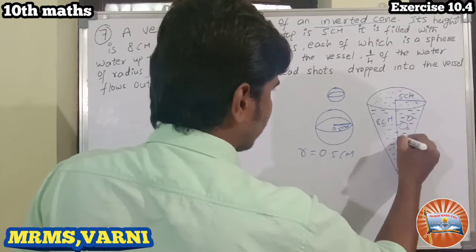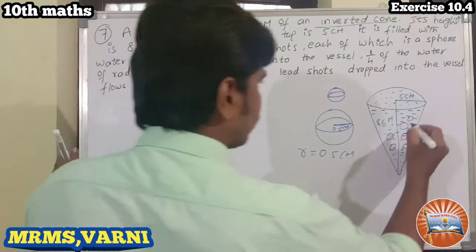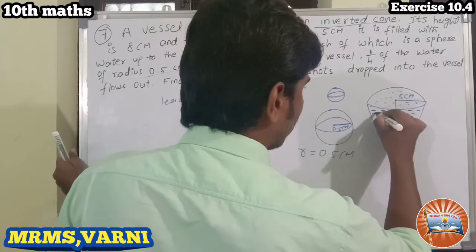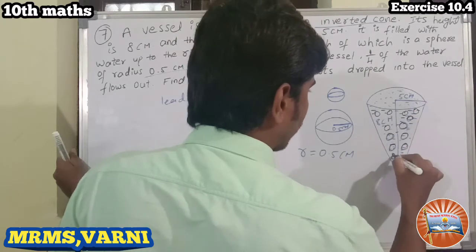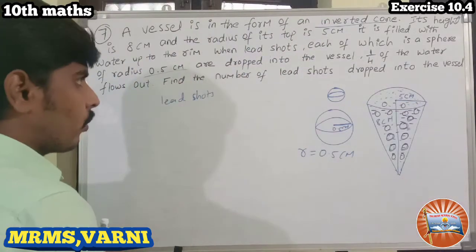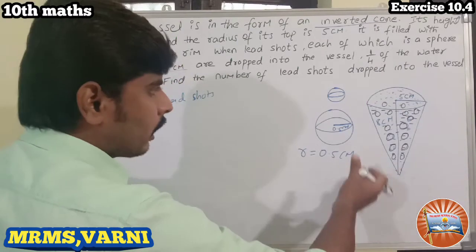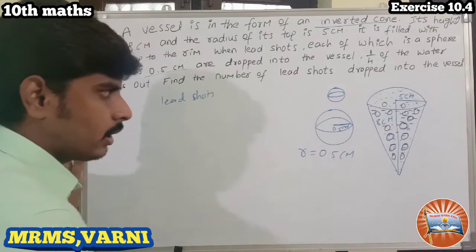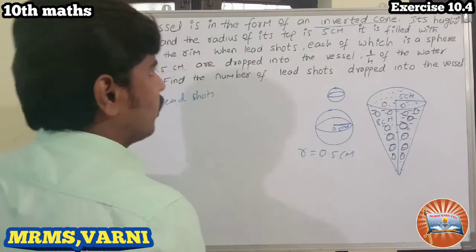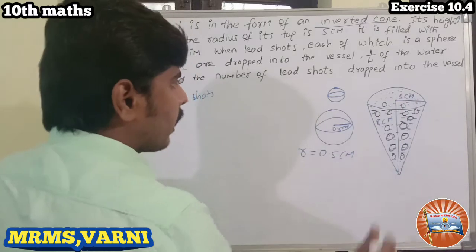These are the lead shots which are dropped into the vessel, right? So when we drop them into the vessel, the water will flow out, isn't it? Here also the same happened. If I draw lead shots into that vessel, the water flows out.